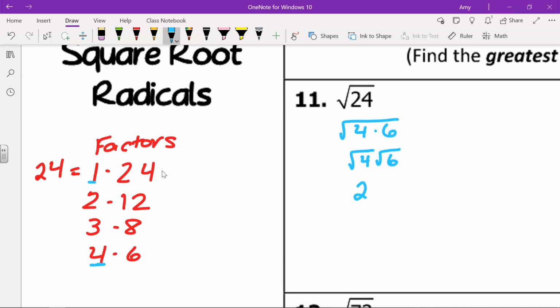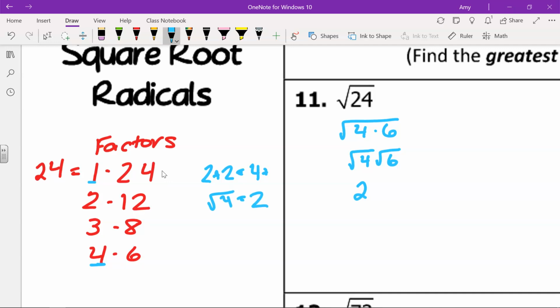And because I took the square root, there is no more radical. The process of changing it from a 4 to a 2 is what got rid of the radical. Just like if I did 2 plus 2 equals 4, I would not leave the plus sign there, right? It's not just 4 plus. I use the plus sign to come up with a new number. The same way the square root of 4 is 2.